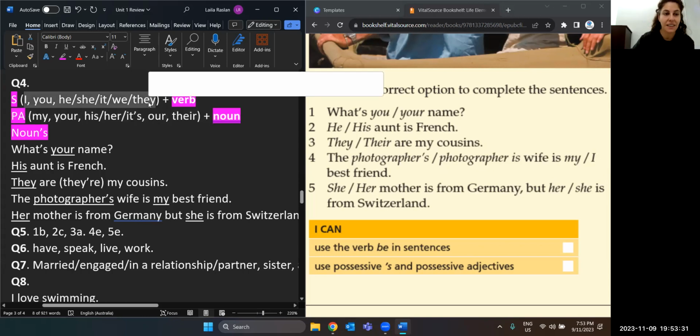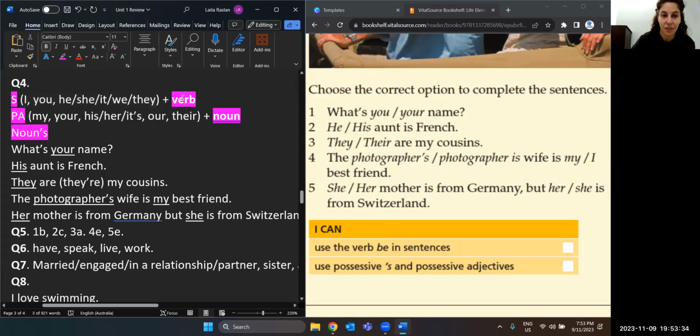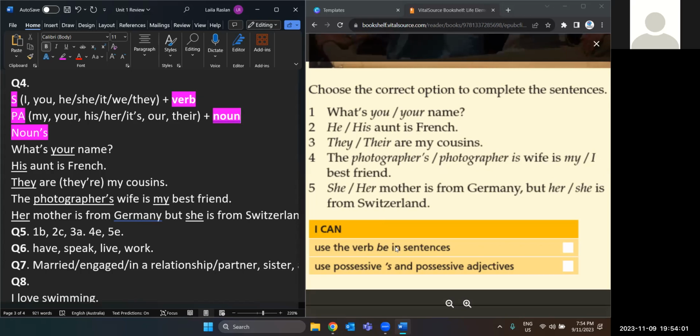The subject, I, you, he, she, it, we, they, goes with an action. Don't forget, even to be, am, is, are, is a verb. Or it could be whatever, study, play, run, speak, whatever. So they're verbs. And then the possessive one is because there's a noun. Noun like book, house, telephone, sister, car, whatever. It's a noun. Yeah, so now we can use the verb to be in sentences.